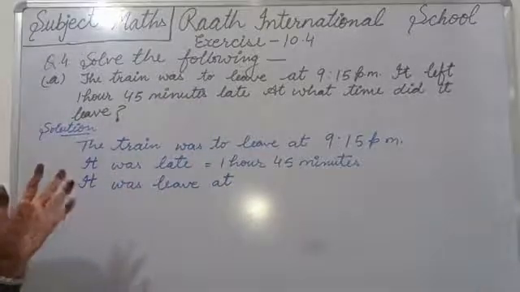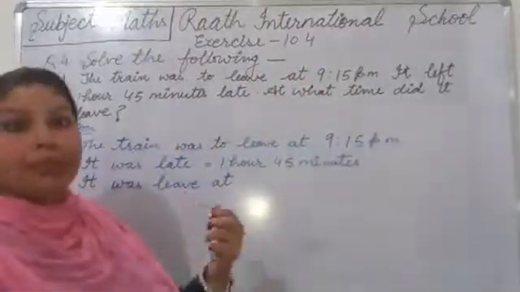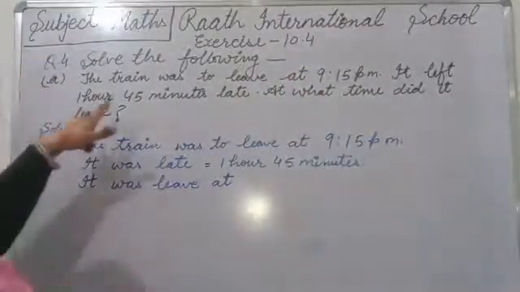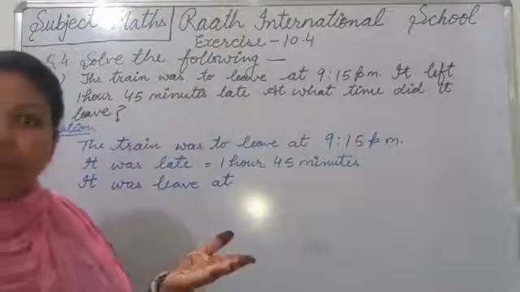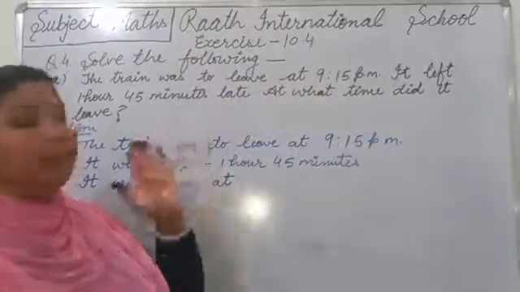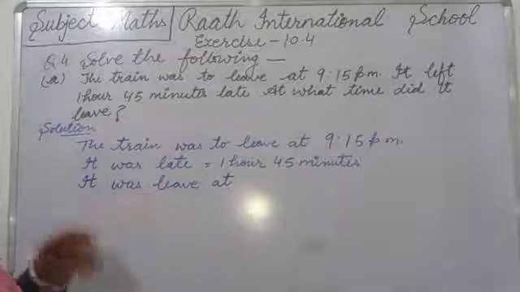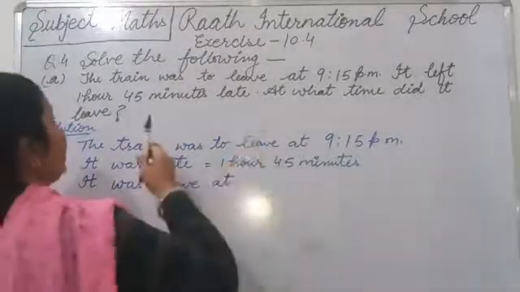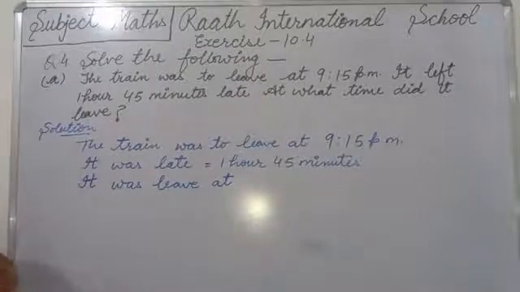When it is late, it will go later, that means after, because that time is 9:15 but it was late. So whenever we say late, that means it is after. So at what time did it leave? At what time did it leave means at what time will it go now.